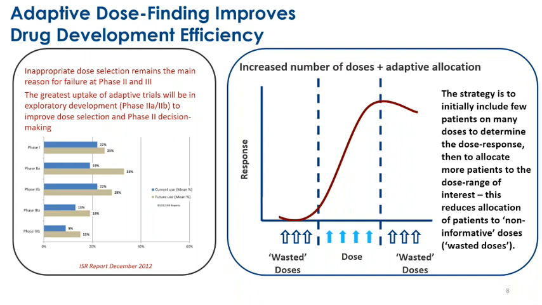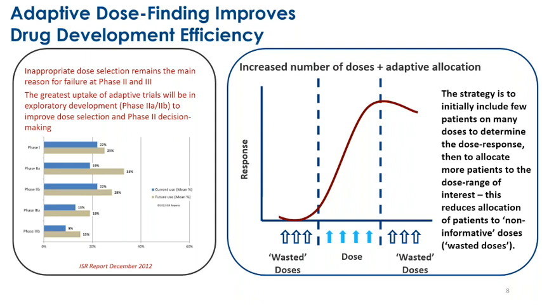For example, on the right-hand panel is a sample dose response curve. And if we were in a fixed sample size design, we may choose a low dose, a mid dose, and a high dose. And the low dose and the high dose may not be of key interest because the low dose may have inadequate response and the high dose may have toxicity issues.